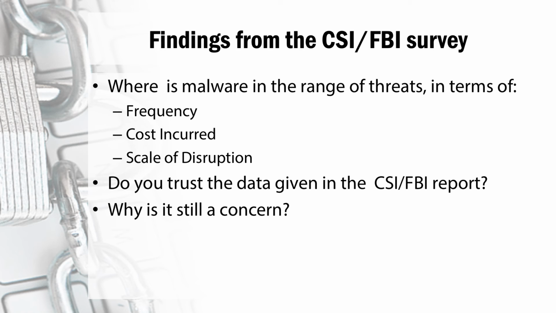Based on the reading, you should be able to identify the range of threats present in terms of frequency, cost incurred, and the scale of disruption to services. Additionally, reflect on the survey and determine whether or not you trust the information provided in the report. Finally, think about why this topic is still a concern. Despite so much improvement in time developing secure software and information systems, why do you think we still have so many problems in regards to security nowadays?